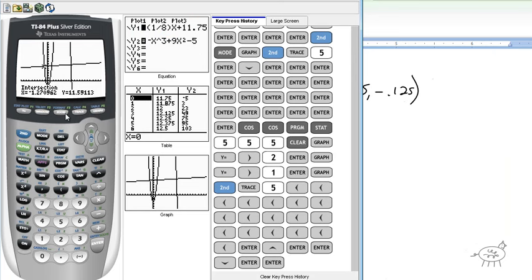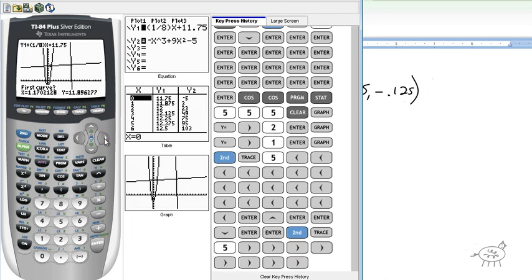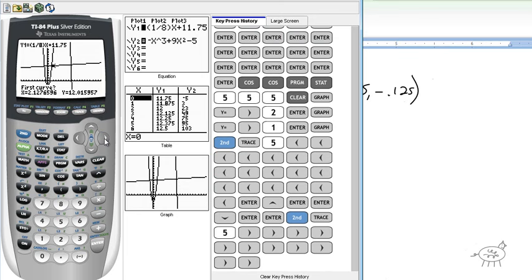This one's a little touchy on mine, but your graphing calculator should not be as touchy when you're selecting. It's just some issue sometimes with the virtual TI. So let's do this again. Second, calculate, intersect, 5, and let's get a little bit closer. I don't want to be right on the dot because I think that's what messes my thing up. Hit enter.